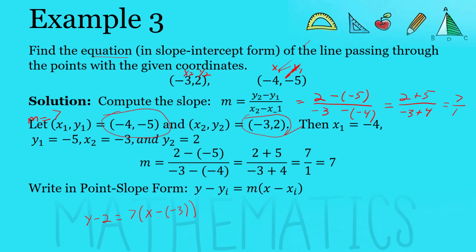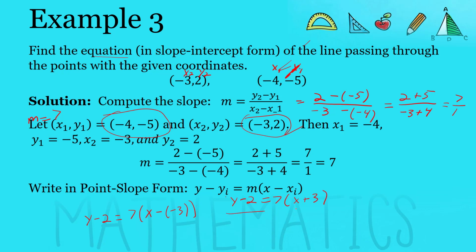Okay, well, we can simplify this just a little bit by dealing with this subtraction of a negative number, and that will give us y minus 2 is equal to 7 times, and notice that x minus negative 3 is the same as x plus 3.